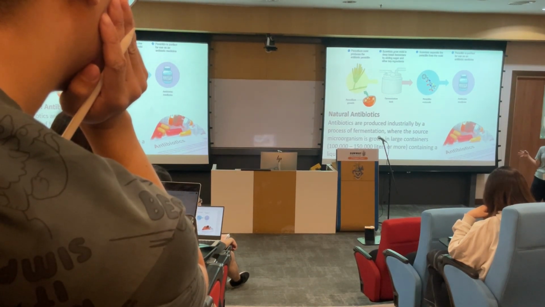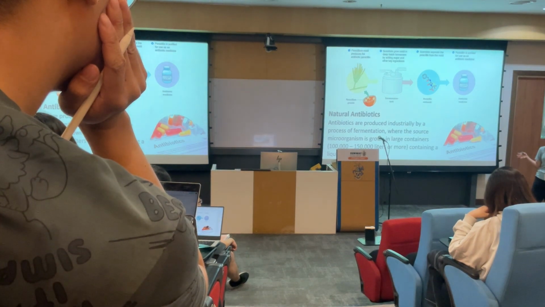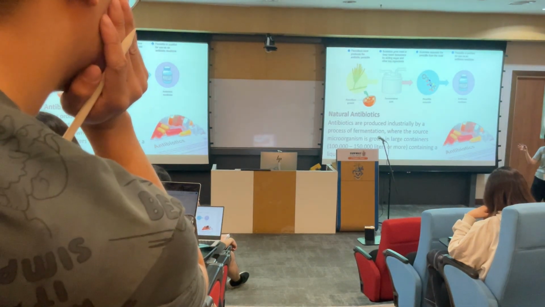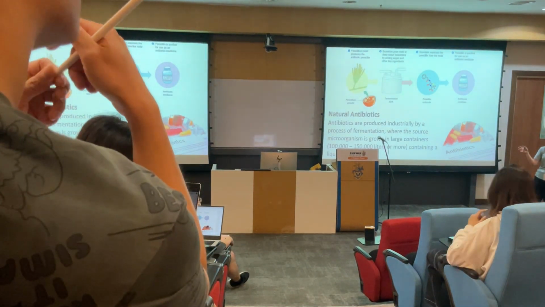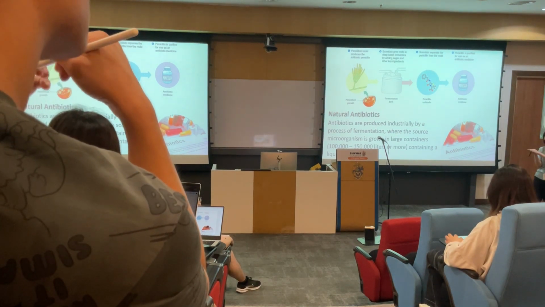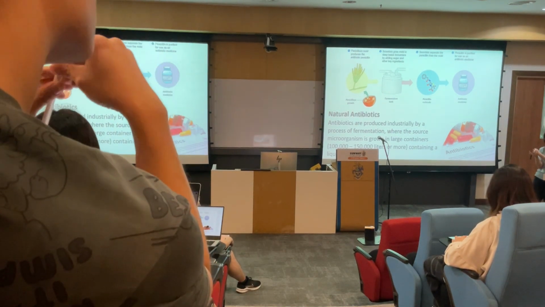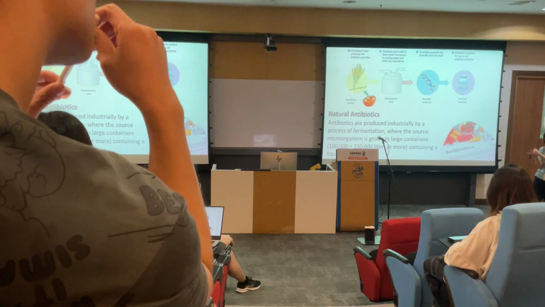So these 100 isolates, they identify as streptomyces. It could be the same strain, it could be different strains, and then they will culture these 100 isolates of streptomyces, and after each of them grows, they test them on other bacteria.